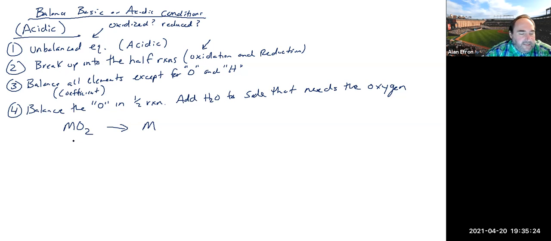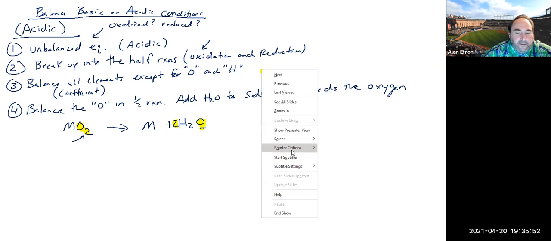When we look at this, we see that we have 2 oxygens on the left-hand side. In order to balance the oxygens, we would add 2 waters to the right-hand side. That 2 waters is going to provide 2 oxygens to the right-hand side. And now we have 2 oxygens there and 2 oxygens there.